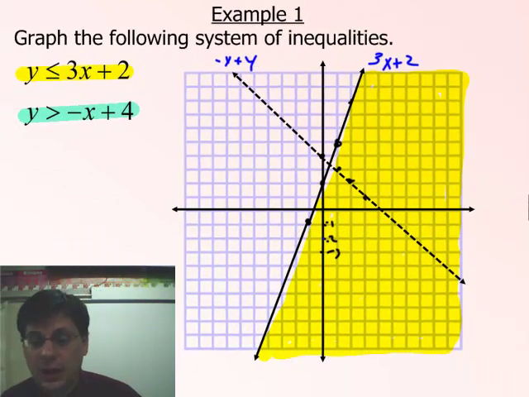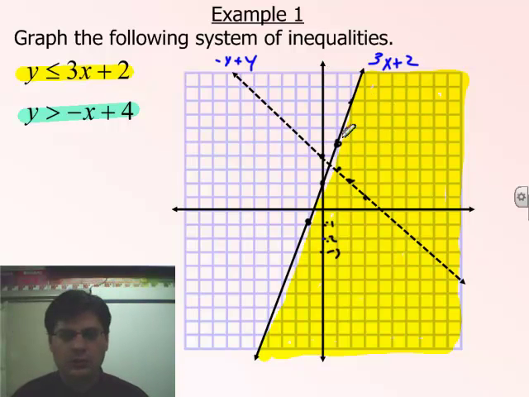I would suggest that you use a different color when you shade this. If you shaded one way here, you can shade using horizontal lines in the other one. You can use vertical or horizontal lines if you only have a pencil or a single color pen. And so we're going to get everything above this line.